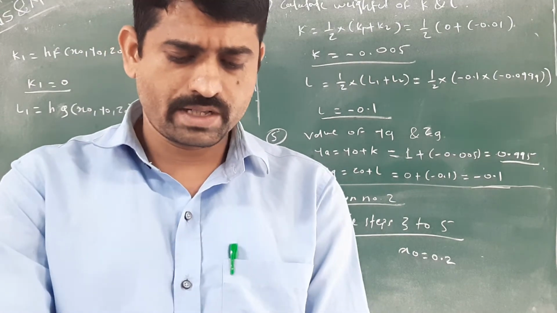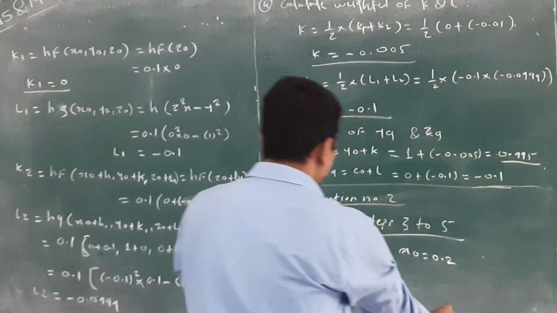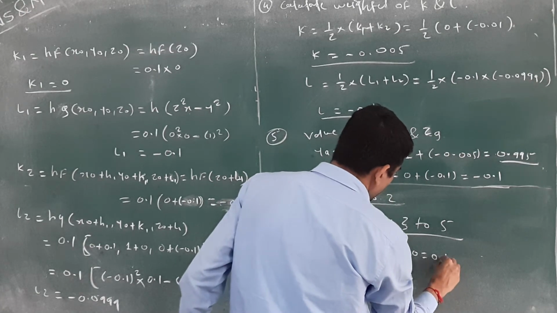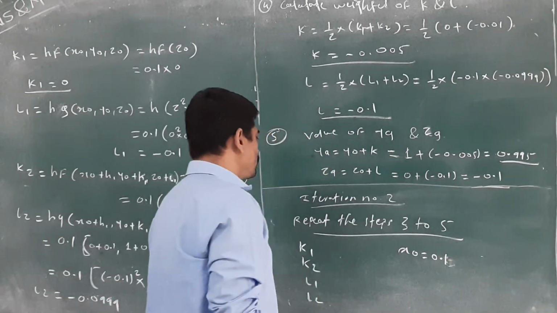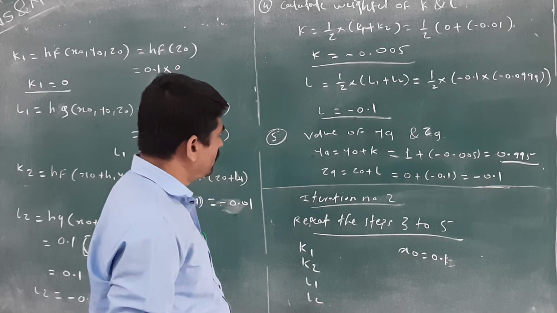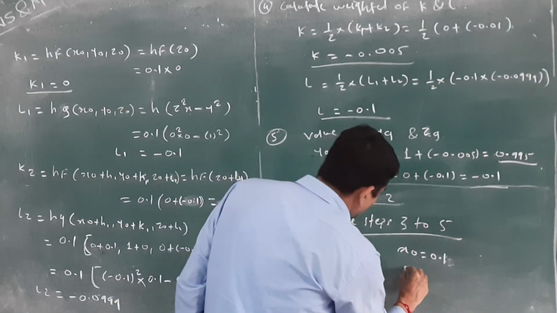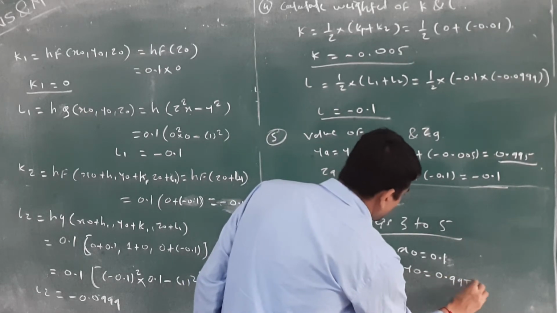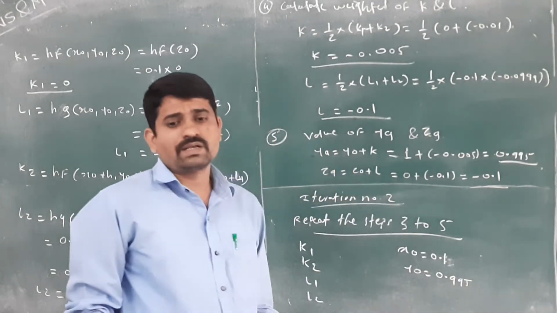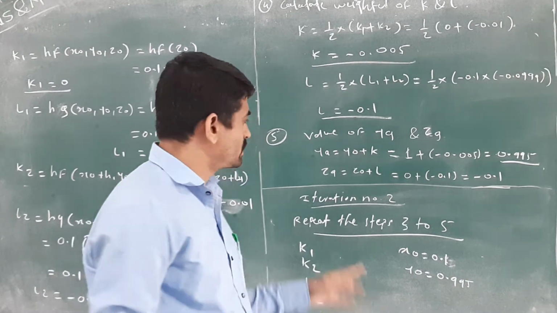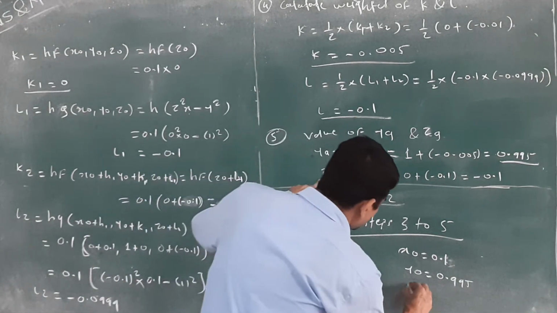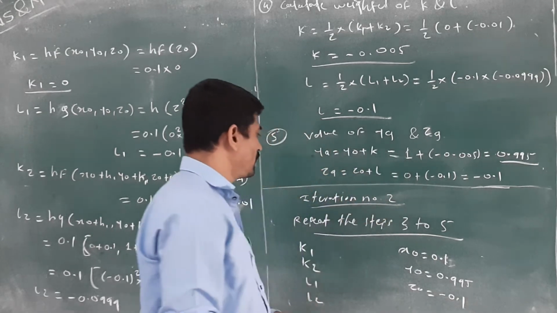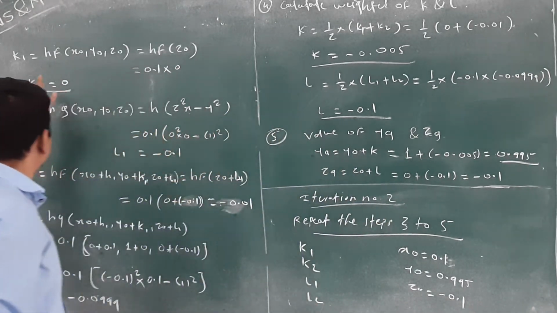First we calculated with x0 equal to 0 as initial, so now x0 is 0.1. Then what is y0? Y0 is equal to 0.995. That initial guess should be changed. And what is z0? Z0 is equal to minus 0.1. Put all these values in that equation.